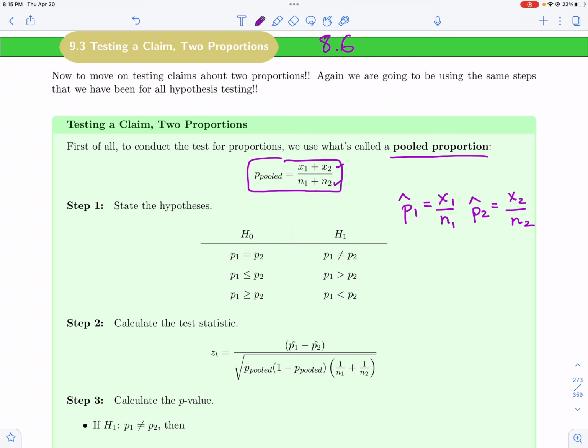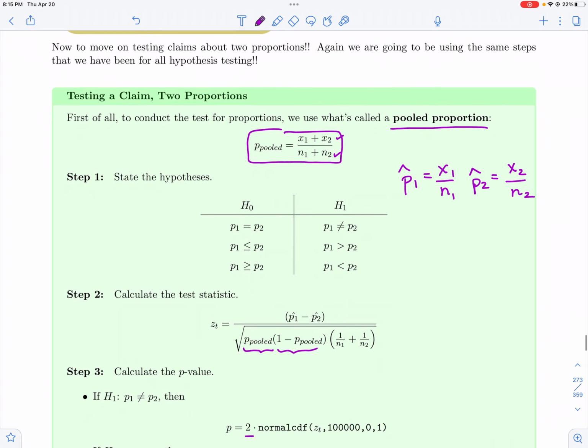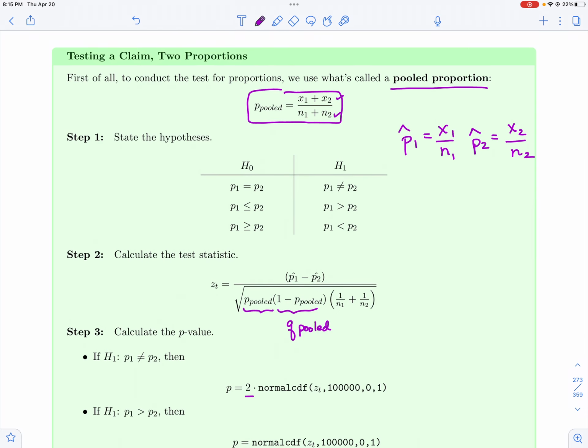Where we're going to use our P pooled is down here when we find our test statistic. Notice at the same time, we're going to find our 1 minus P pooled, or if you want, you could think of this as Q pooled in this case. All right, so again, we'll get to that in just a little bit.